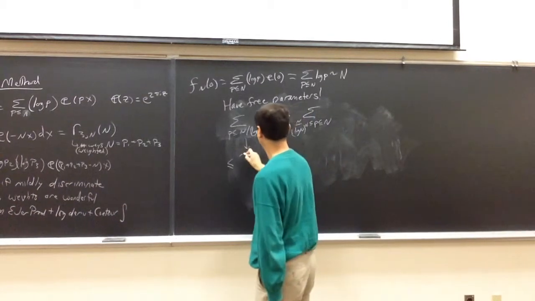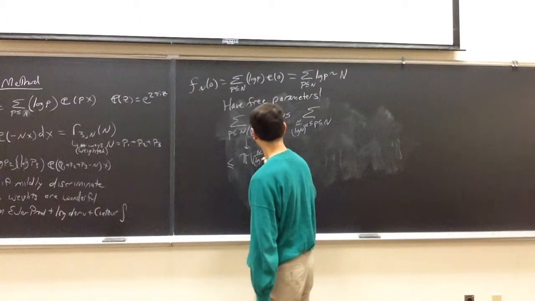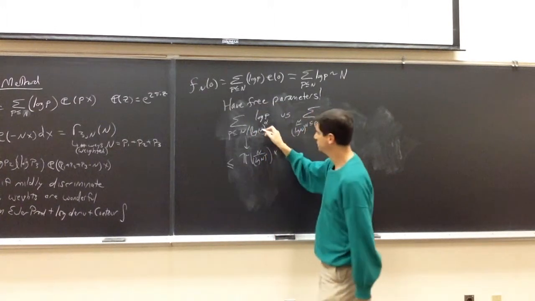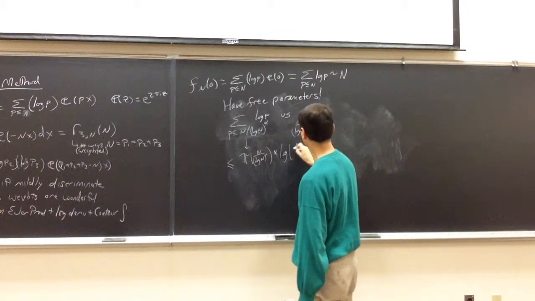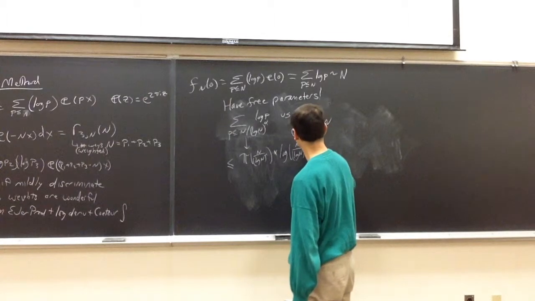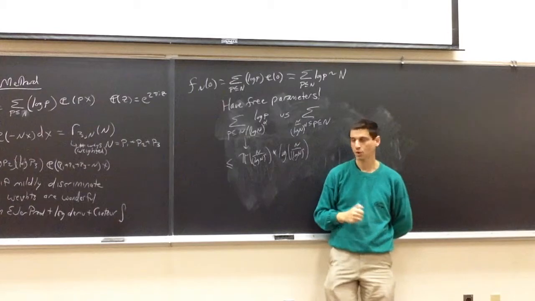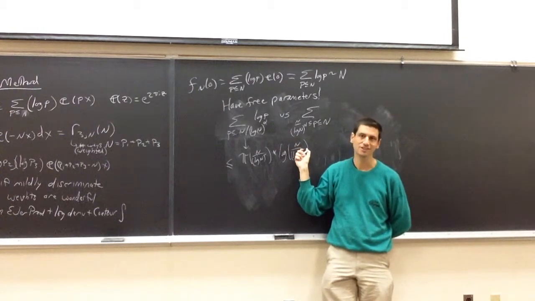So it'll be pi of n over log n to the alpha times the largest value, which would be the log of n over log n to the alpha. Well, this is log n minus log log n.